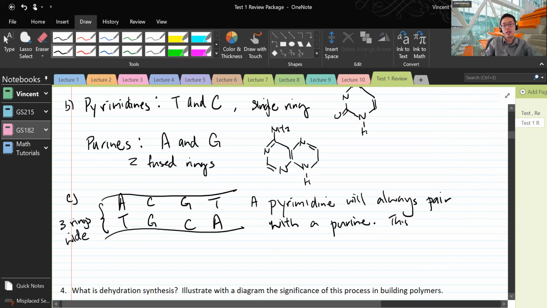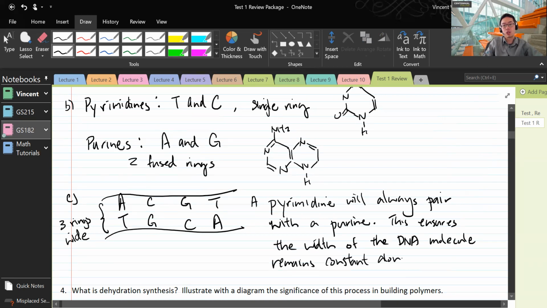So this ensures the width of the DNA molecule remains constant along its length.